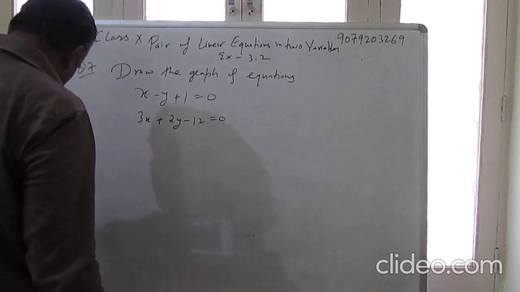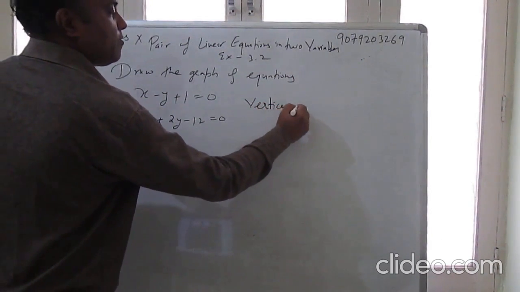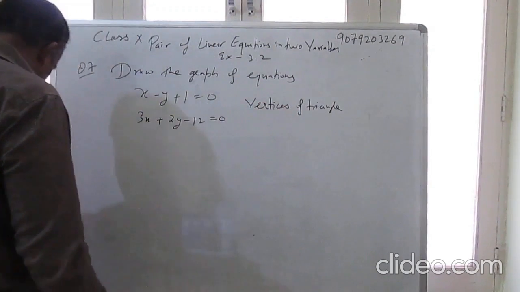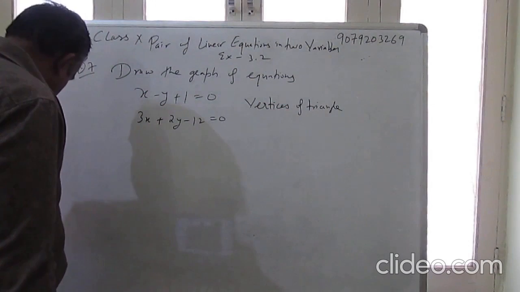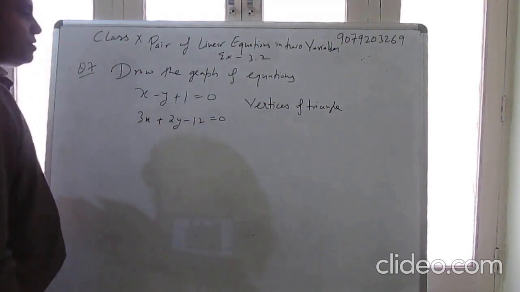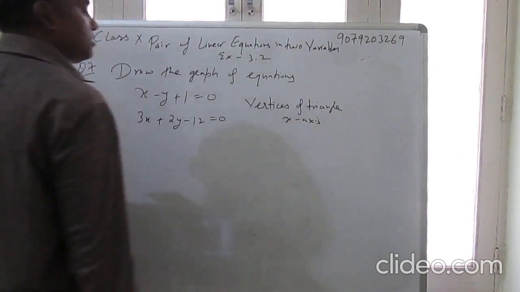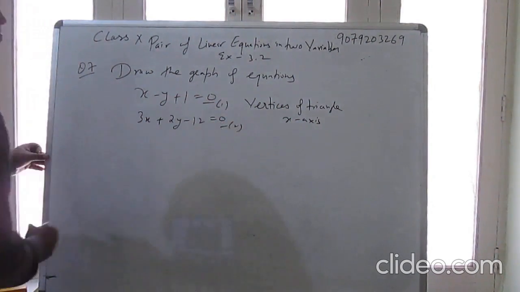Determine the vertices of the triangle formed by these lines and the x-axis, and shade the triangular region. Tell the vertices of the triangle that will be formed. Vertices of the triangle with the x-axis. Now, give this name first.